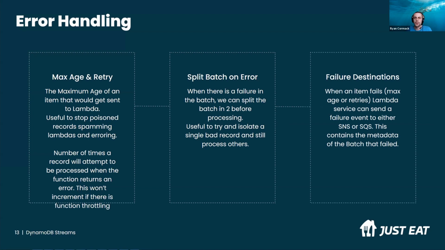And finally, there's the concept of failure destinations. That is when your item hits either its max age threshold or its maximum number of retries. Amazon Lambda offers us the ability to essentially send the failed record metadata to an Amazon resource. That could be SNS or SQS.